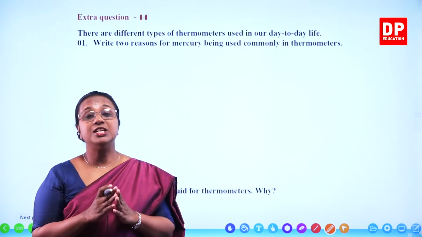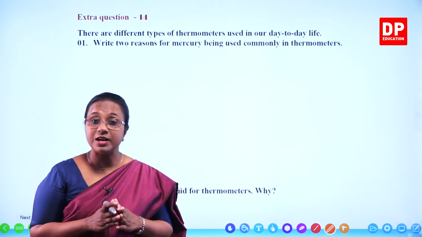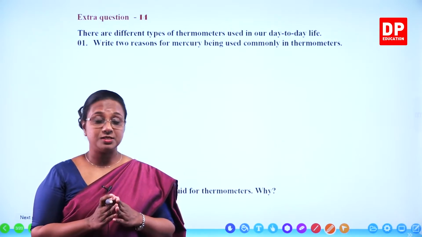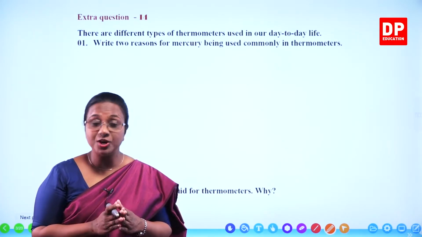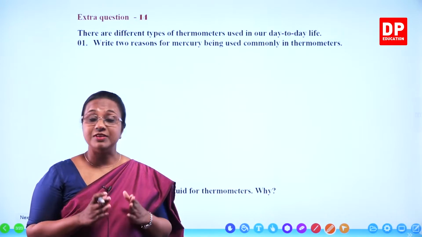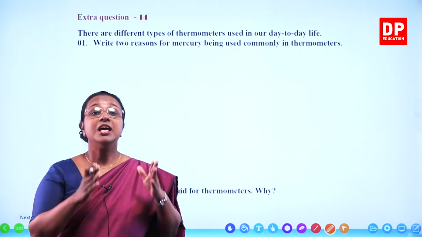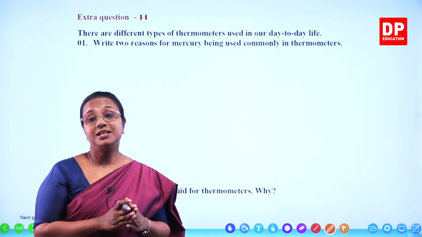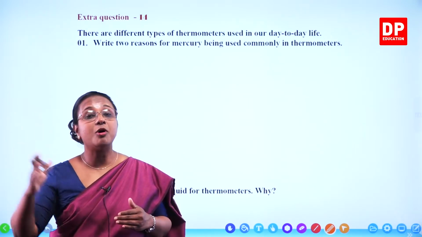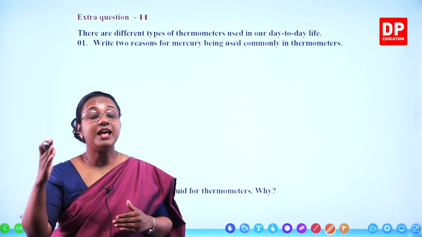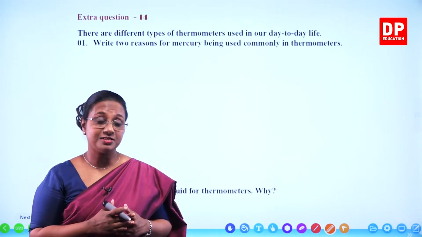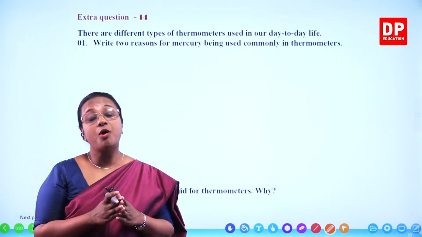The volume change will be the same. So that is what we call uniform expansion over a broad range of temperature. And you all know when we say broad range of temperature, it starts from minus 39 degrees Celsius and the boiling point is 357 degrees Celsius. So it is a very broad range.